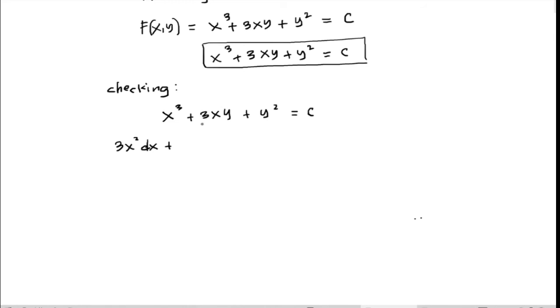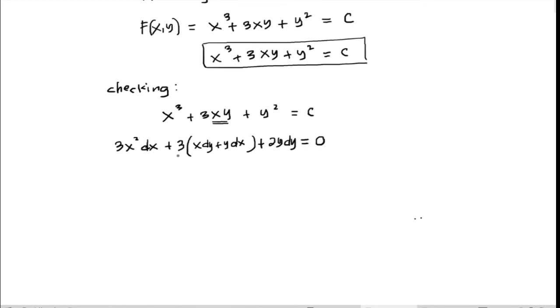For the middle term, 3xy, I have to write the constant 3 outside the parentheses, and I will write the differential of xy inside the parentheses, that is x dy plus y dx. I am using here the product formula, plus differential of y squared is 2y dy is equal to differential of constant is 0.